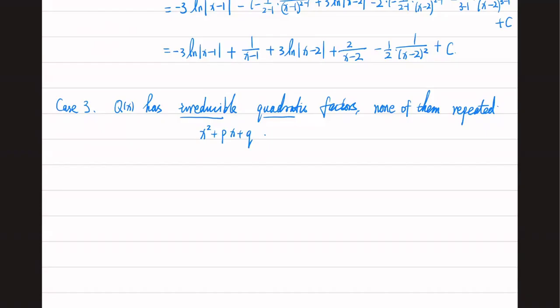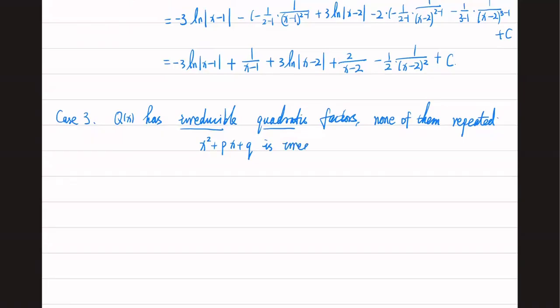Zichen, if we say this is irreducible, what does it mean? Irreducible means this quadratic function has no real roots.